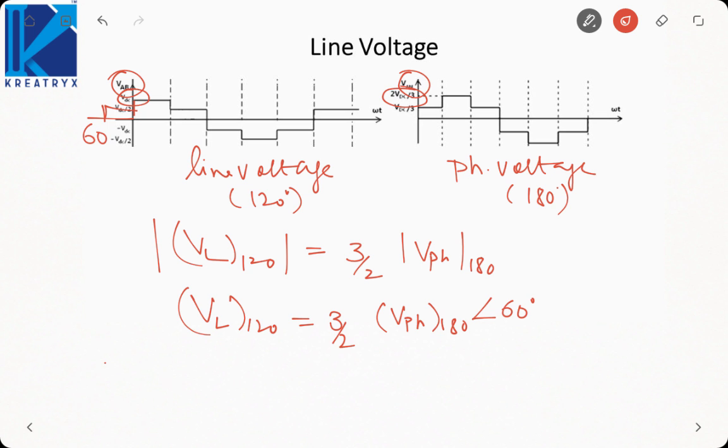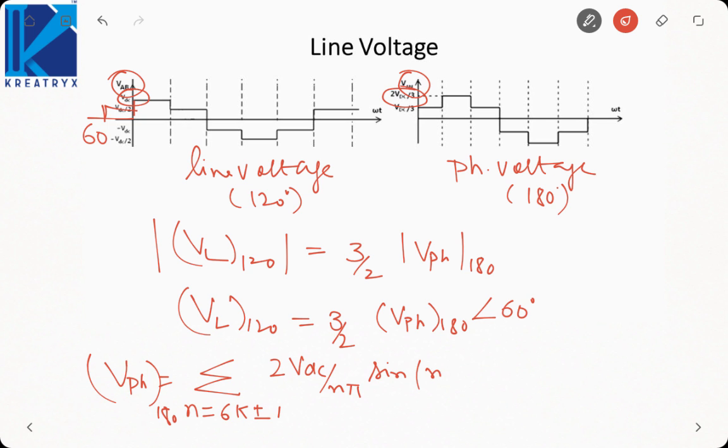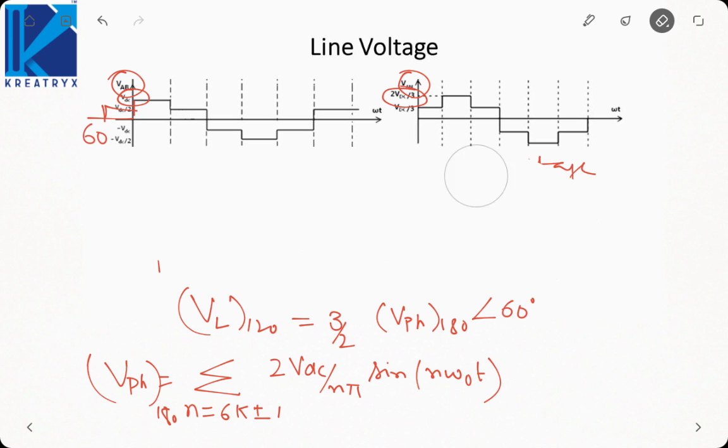So now what was the phase voltage Fourier series? It was summation n is equal to 6k plus minus 1. I'm asking about 180. 2 VDC by n pi sin n omega naught t. Now you just have to multiply it by 3 by 2 and phase shift by 60 degree.